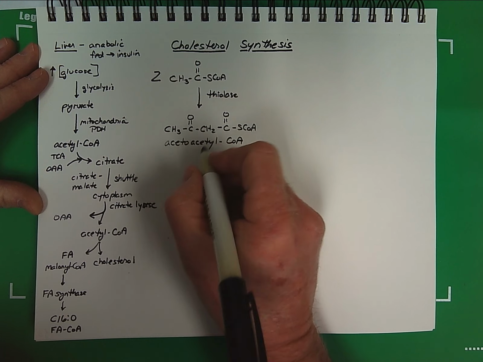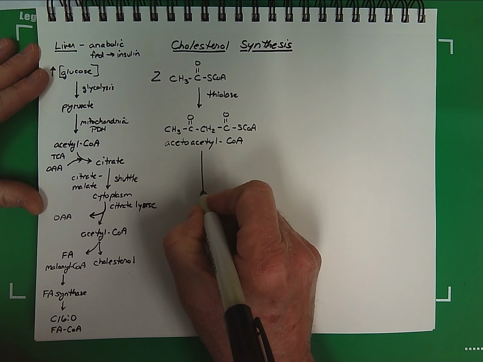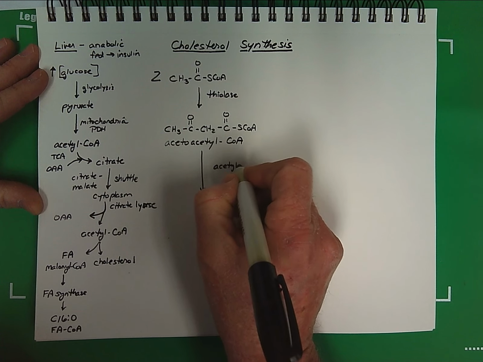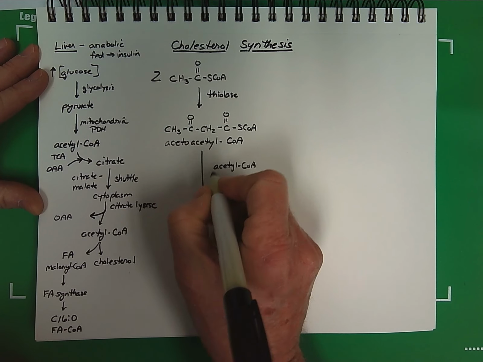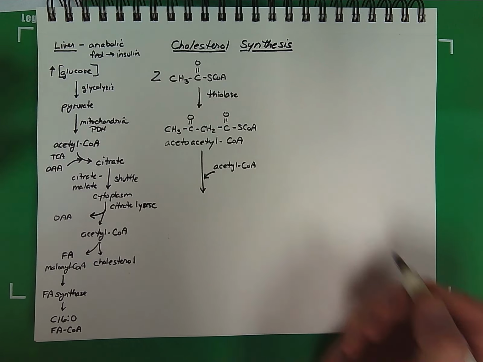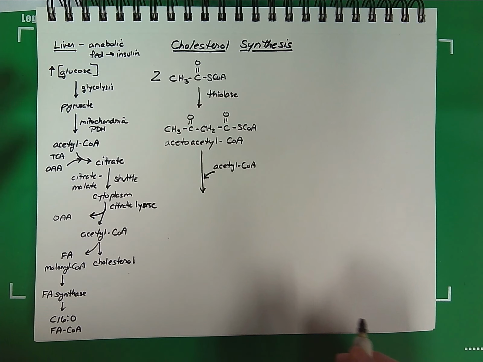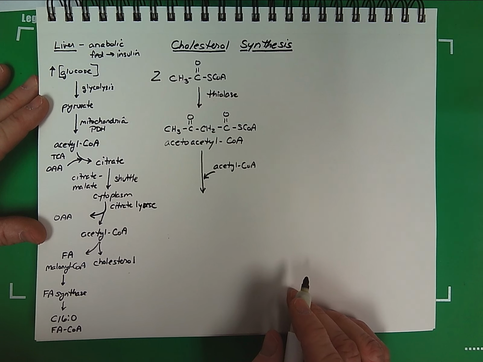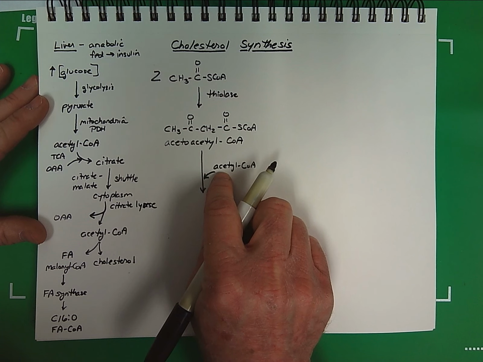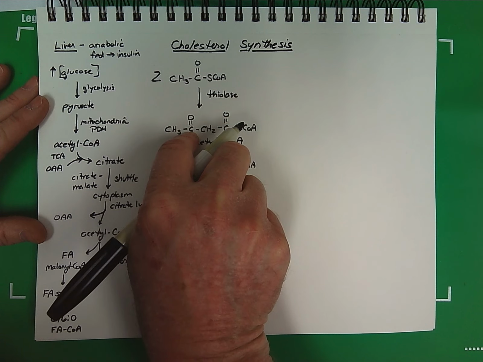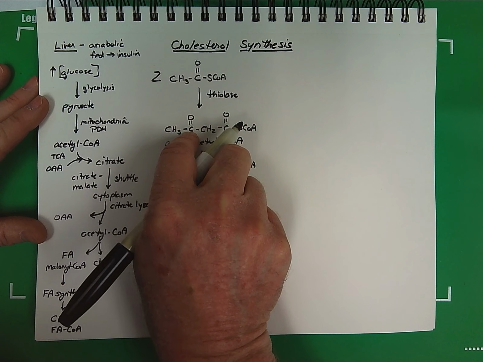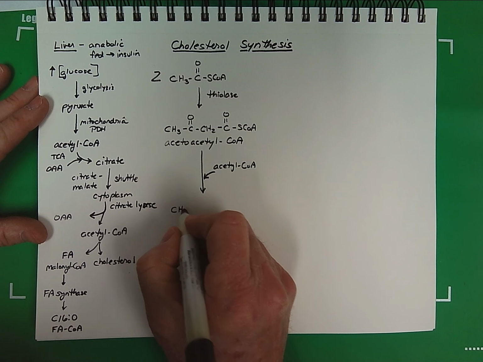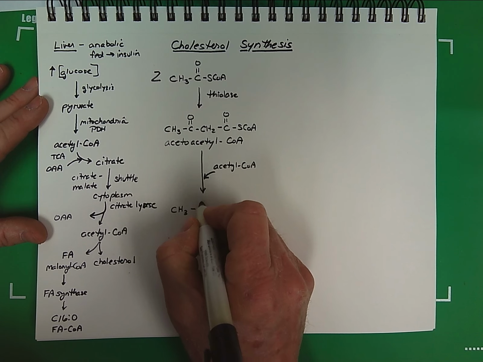Now the next step of this reaction is that we are going to be adding another acetyl-CoA to have a final count of 3 acetyl-CoAs in one molecule. We're going to be adding this acetyl-CoA onto this carbonyl of acetoacetyl-CoA. And in doing so, we will generate this molecule.